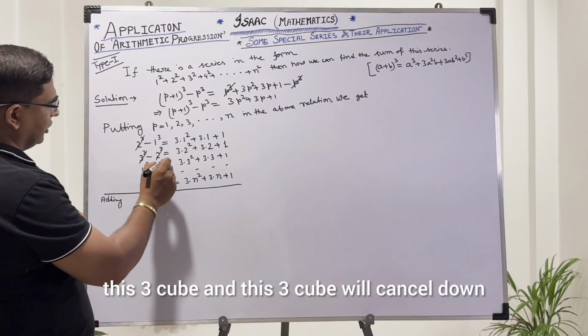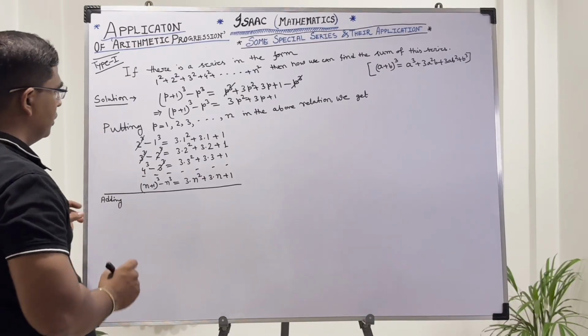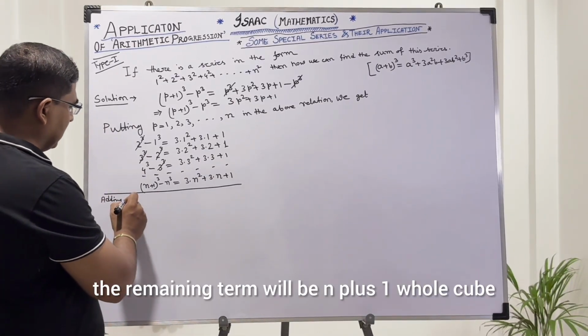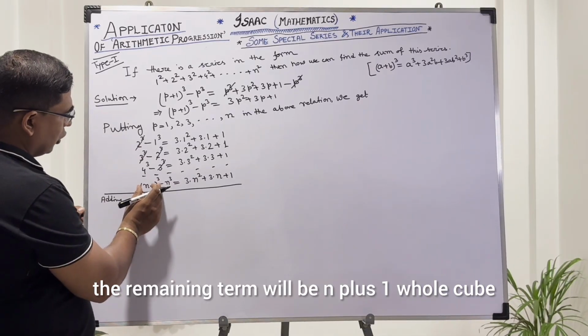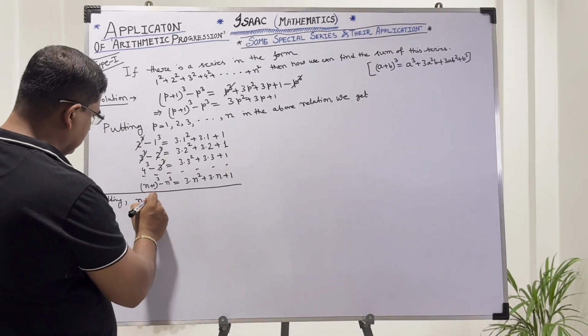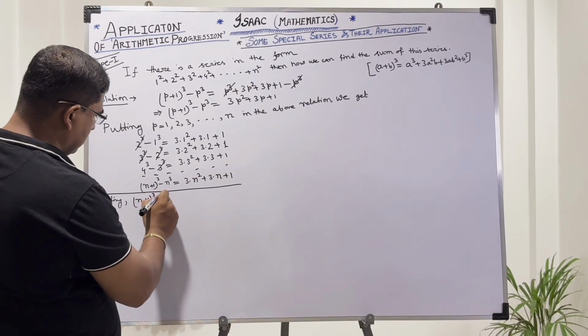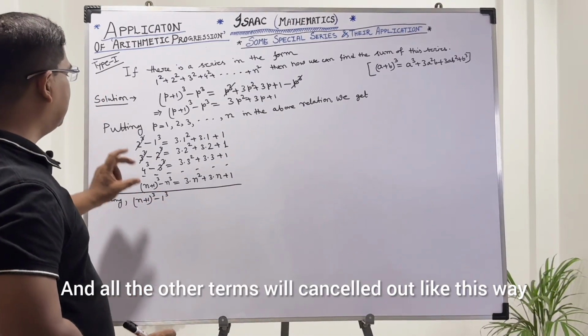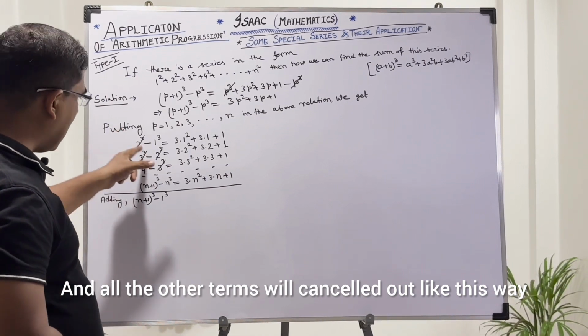These 3 cube and these 3 cube will cancel out. That is why finally the remaining term will be n plus 1 whole cube and minus 1 cube. Okay, and all the other terms will be cancelled out this way.